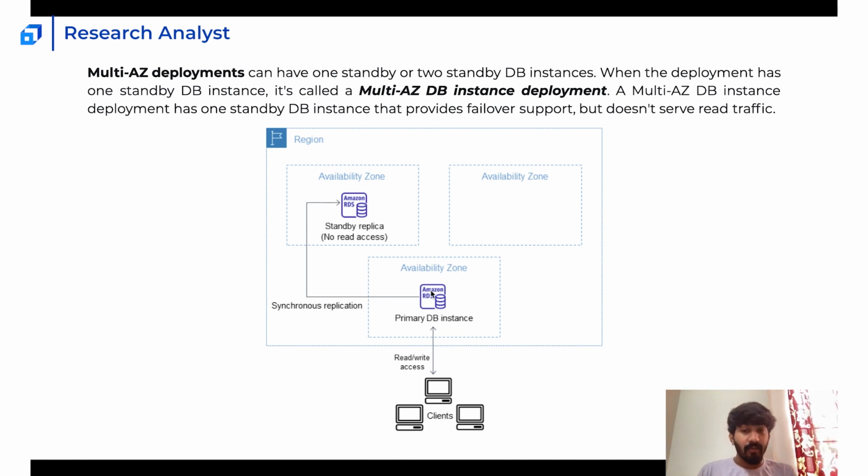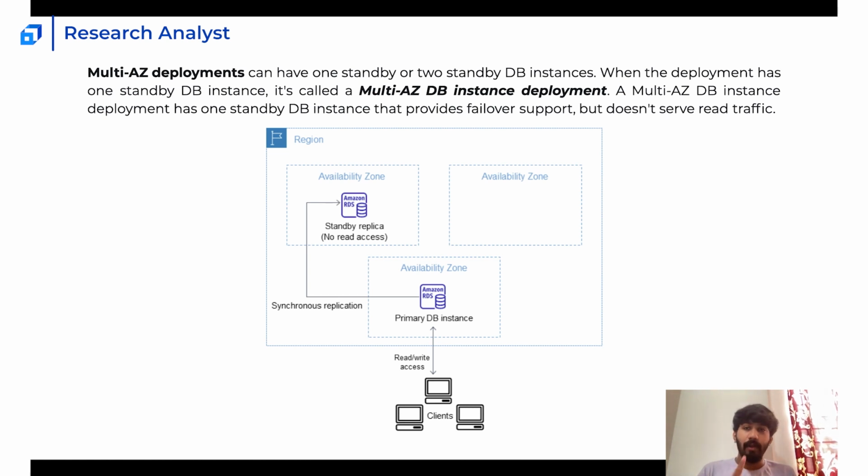Since the primary is not available, this database instance would act like the primary database instance until this availability zone is back up again. That's exactly what happens. If this goes down, there would be another database to provide failover support in the meantime, so that your application is still performing and running. This is a multi-availability zone database instance deployment.